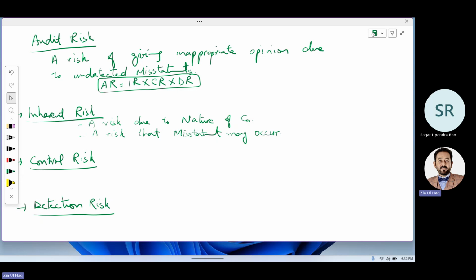IAS 2, which you have learned in financial accounting, says inventory should be recorded at the lower of cost and NRV. What is NRV? Selling price less cost to sell, meaning the value that can be realized from the market.